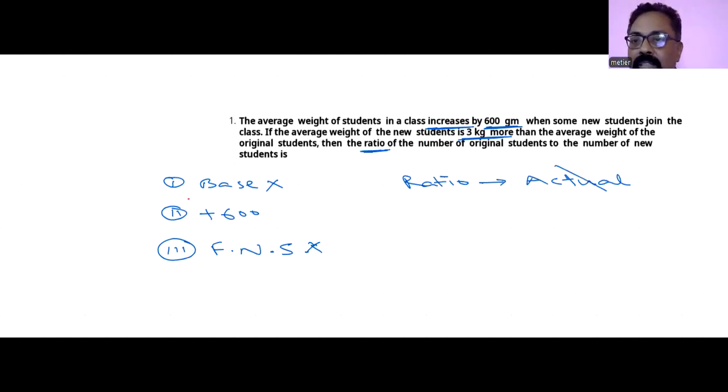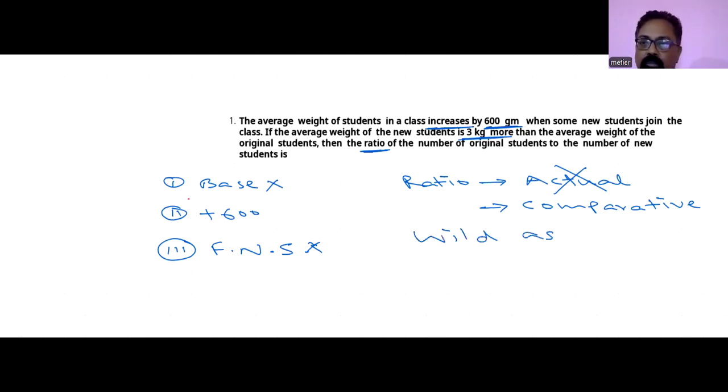Ratio means comparative value. So when we have to go for any calculation with comparative values, you can go with a wild assumption that will make your calculation easy.